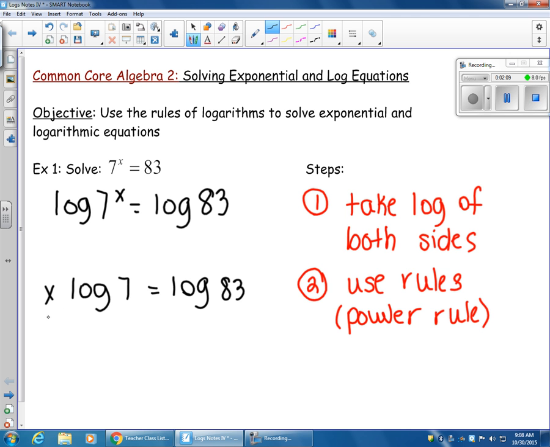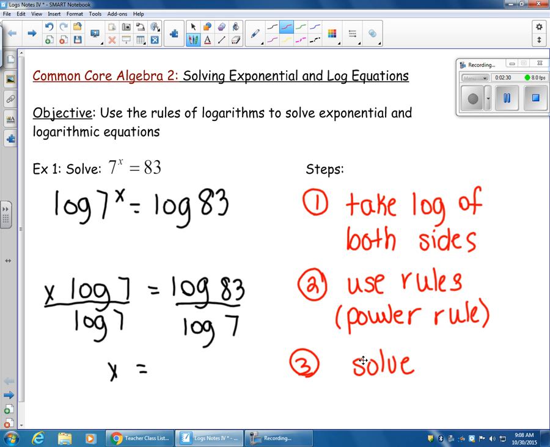We want to solve for x. It's being multiplied by the log of 7, so we divide by log of 7 to get x alone. So our last step is to solve. And so then you're going to need your calculator. Log 83, end the parenthesis.